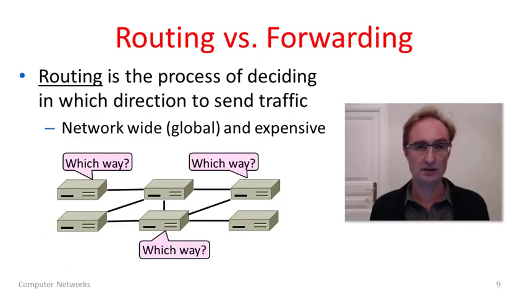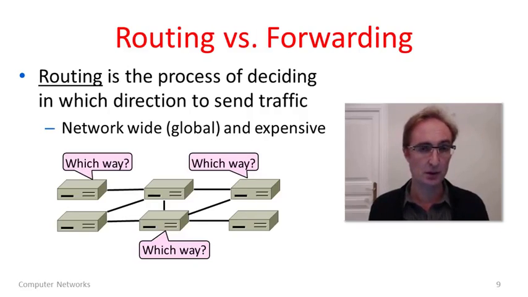Before we go ahead though, I want you to be aware of one important distinction, and that's the distinction between routing and forwarding. They're two different things. It's a little confusing because routers in the internet do both of them. They're responsible for both routing and forwarding, so that's why I'm pointing it out. Now, routing is the process of deciding which way your traffic should go in the network.